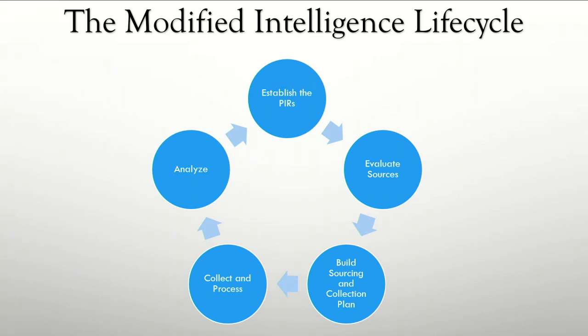So now we talk about a modified intelligence lifecycle. So this has changed up a bit. Most intelligence cycles that we see in relation to cyber threat intelligence are a cut and copy of the intelligence cycle that intelligence agencies and the military use.